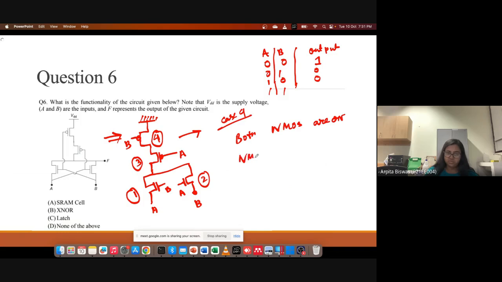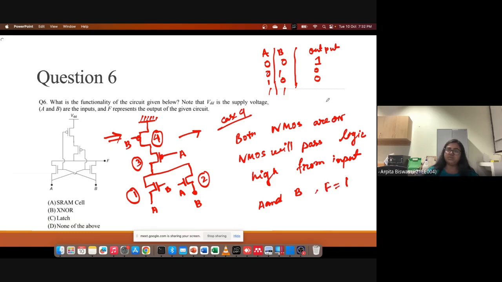So NMOS will pass logic high from input A and B, right? So what will be the output? Output will be the 1.